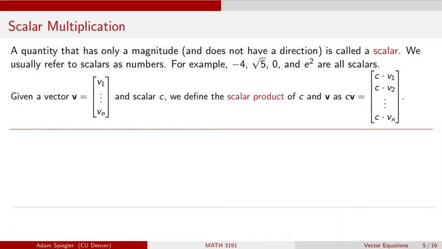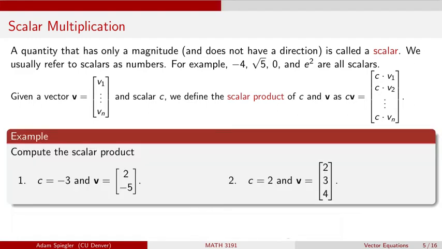What we do here is multiply every single element of this vector by this scalar c. We just multiply the first one by c, the second one, and so on. Again, this is hopefully a pretty intuitive way that you might think about defining this product. Let's take a look at a couple of examples. Let's say I have a scalar c, which is minus 3, and a vector v, which is 2, minus 5. Then the product of c and v is minus 3 times 2, minus 3 times minus 5.